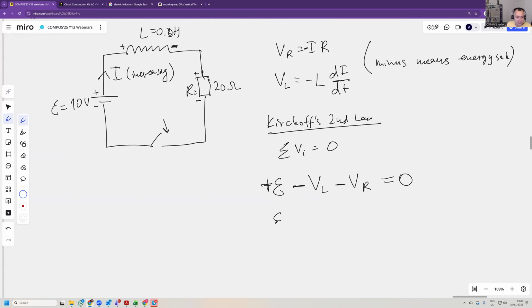And now we substitute EMF equals minus L di dt, minus IR equals 0. And we can write L di dt equals EMF minus IR.